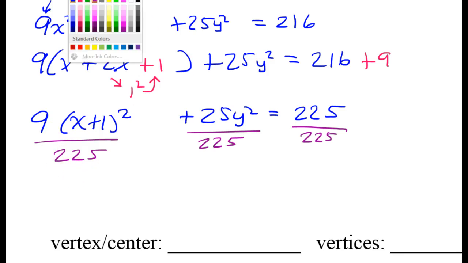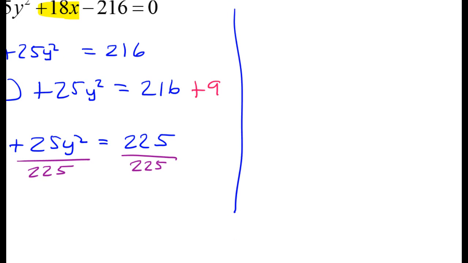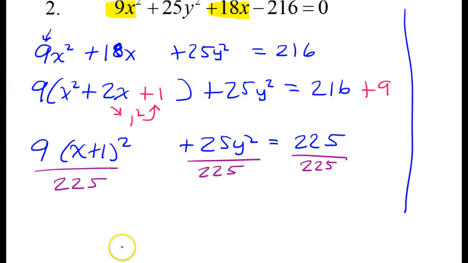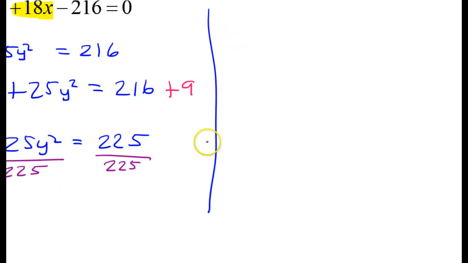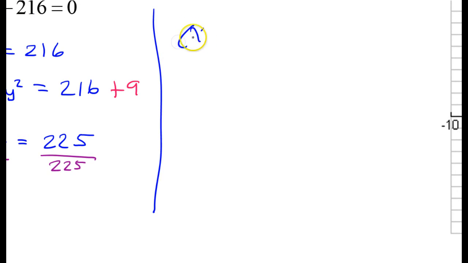So this fraction reduces down to 1 over 25. So I'm going to have x plus 1 squared over 25.